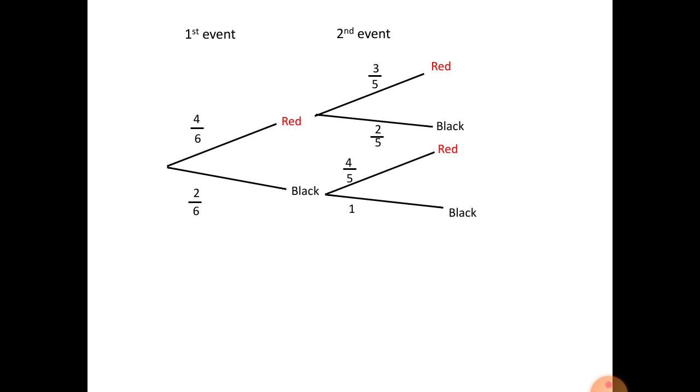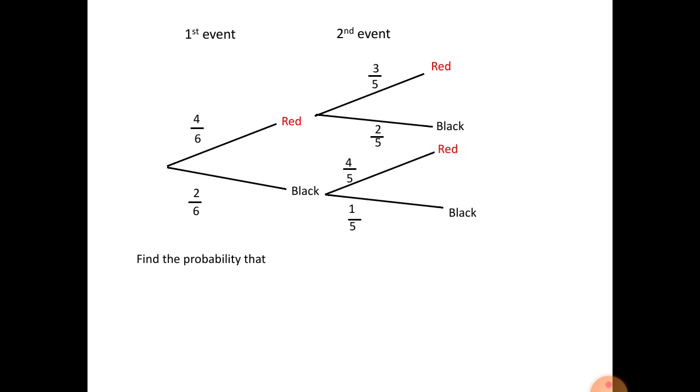Now there is only 1 remaining black pencil out of 5. If you can draw this tree diagram carefully for the questions they have asked, you can write the answers very easily, without any effort. But you have to follow my method.